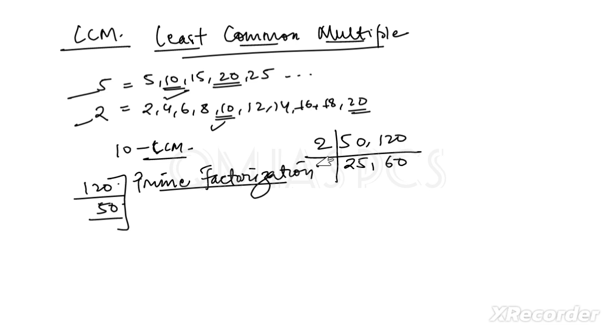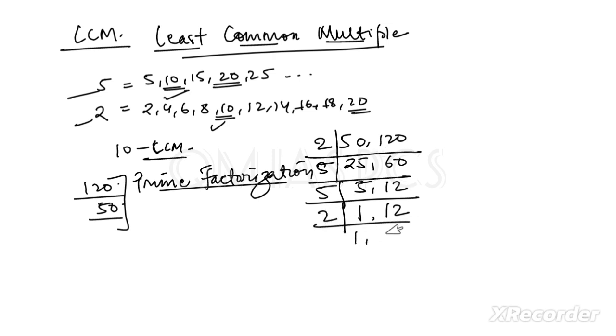Then not 2, it will be 5, and then it will be 12. Again we can divide by 5. When one number is divided it can be 1, and 12 cannot be divided by 5, so it will be 12 only. Then we can divide by 2, so it will be 1, 6, then 2, and it is 3.